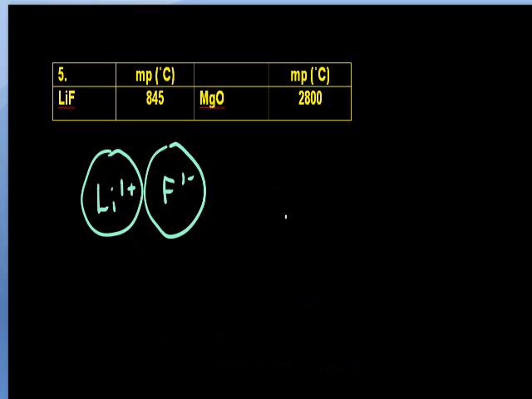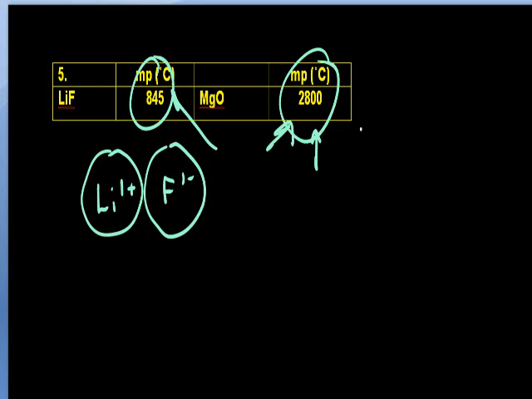But one thing we can see here is that lithium fluoride and magnesium oxide have markedly different melting points. Magnesium oxide at 2800 degrees is a much higher temperature than lithium fluoride, indicating the attractive forces for magnesium oxide must be much greater than what we see in lithium fluoride.